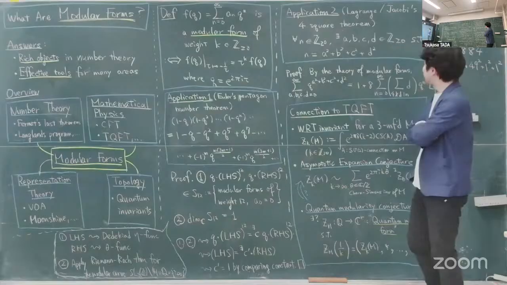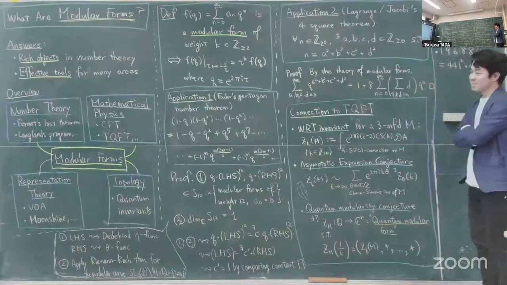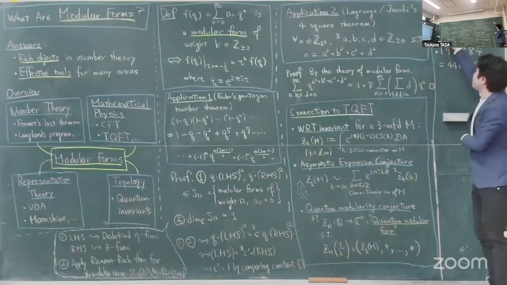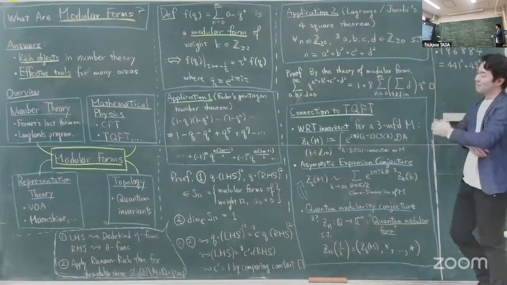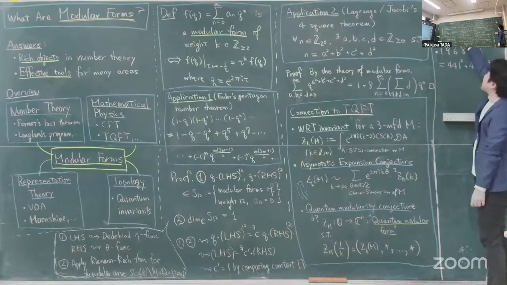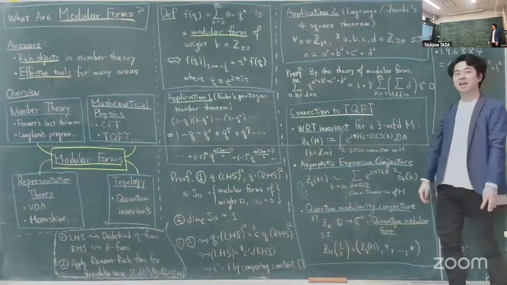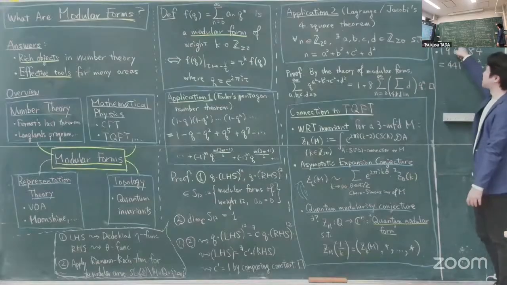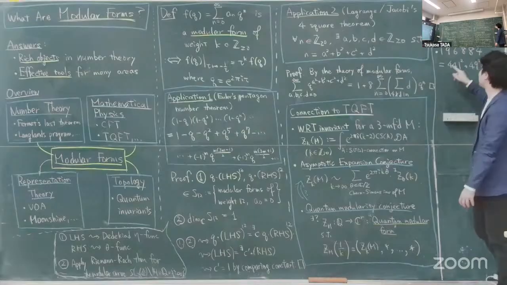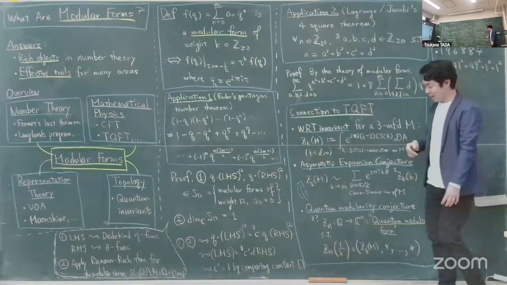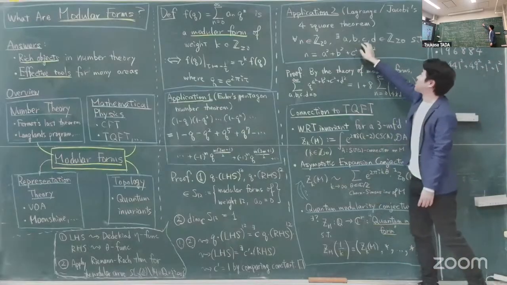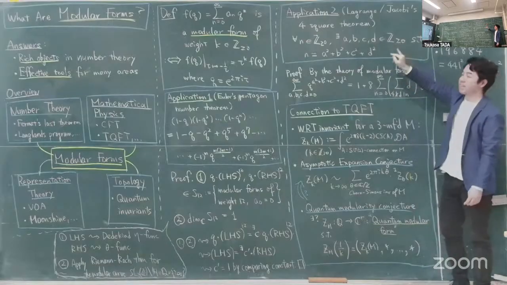This is interesting, so I give an example. 7 can be written as 2 squared plus 1 squared plus 1 squared plus 1 squared. And 8 can be written as 2 squared plus 2 squared plus 0 squared plus 0 squared. 0 can appear because we choose a, b, c, d as non-negative.